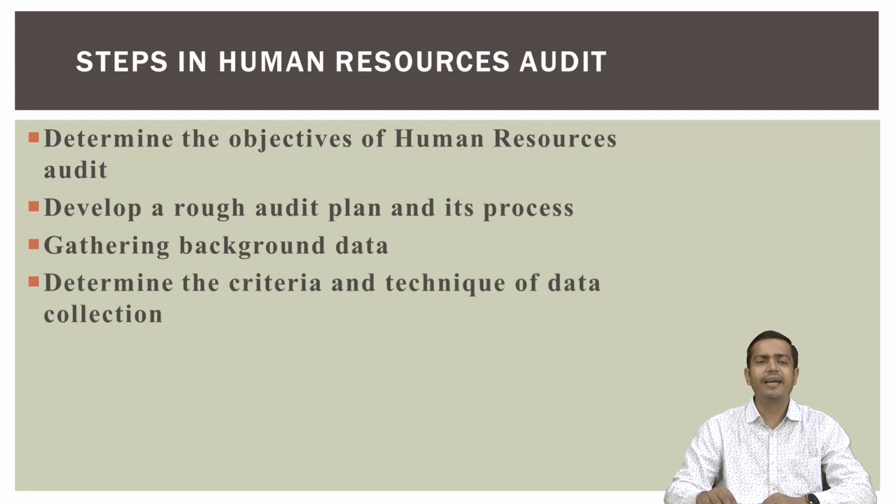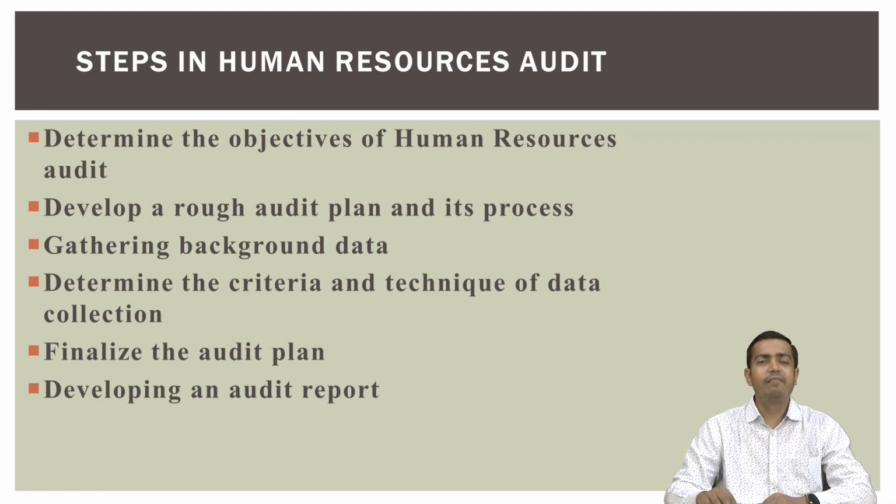Determine the criteria and techniques for how we can collect data. Finalize the audit plan and develop an audit report. And then there would be an action based upon such report. So it starts from objectives and lands up offering a proper action on the basis of this report.